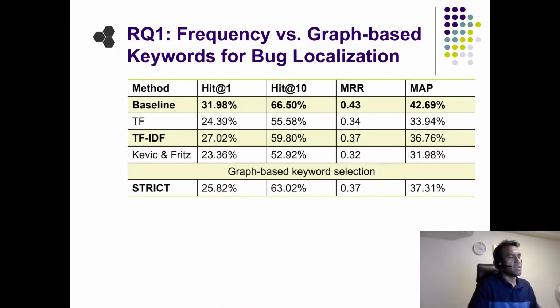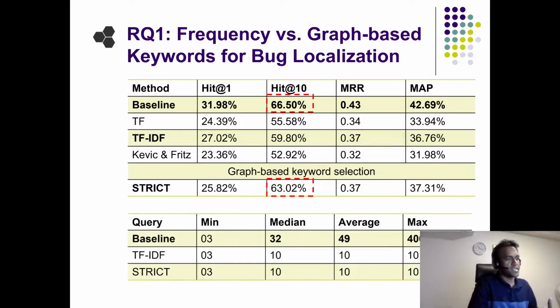And this is the empirical evaluation that we have. You see, this is the performance for the baseline queries, and these are the performance for the frequency-based techniques, and this is the graph-based techniques. What you can see is that the baseline query performs pretty well, and the state-of-the-art query reformulation techniques are not able to outperform the baseline query in bug localization. So that is a kind of shocking performance. This performance can be explained using these statistics as well.